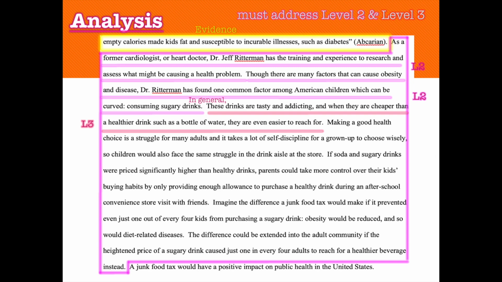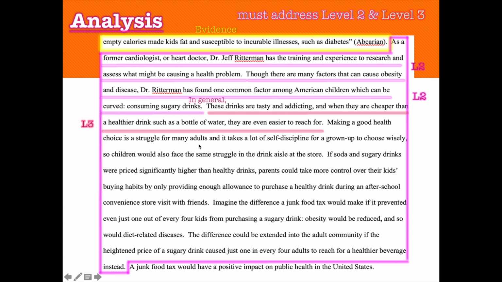And it is easier to reach for an unhealthy and tastier drink when it is cheaper than a healthier drink. I have seen those Voss waters and Smart Vitamin waters. I have seen those cost more than a can of soda, and they can be harder to reach for when the soda's cheaper and yummier. Making a good health choice is a struggle for many adults.